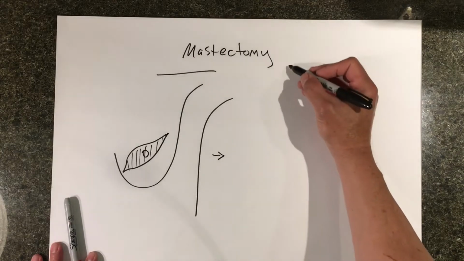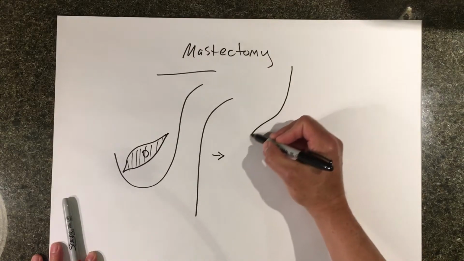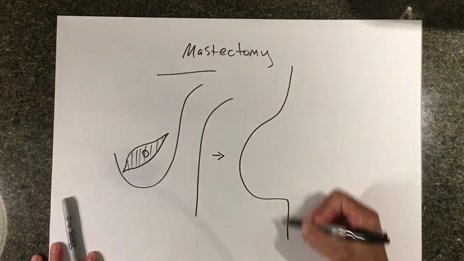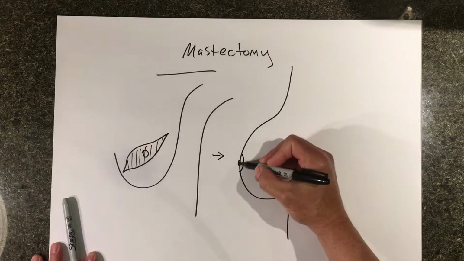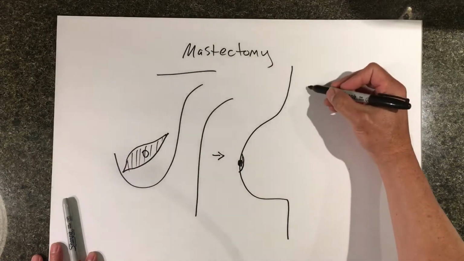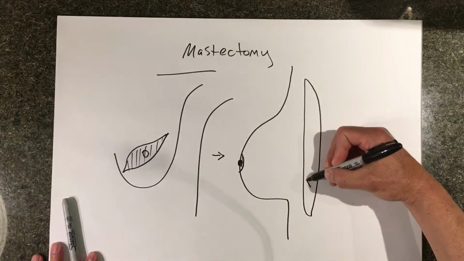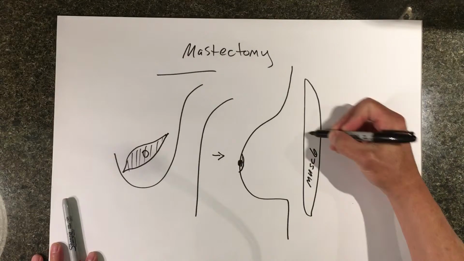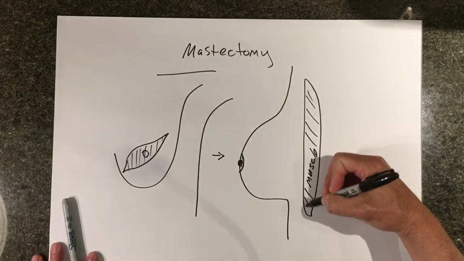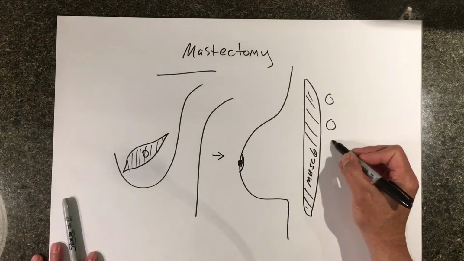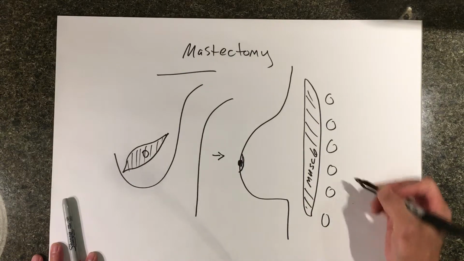And from the side, what this looks like, so here's your breast from the side. Here's the nipple here. Behind the breast is the pectoralis muscle. So I'm going to write muscle. And behind the muscle are ribs. Those are ribs.